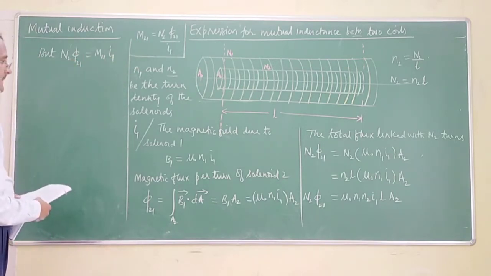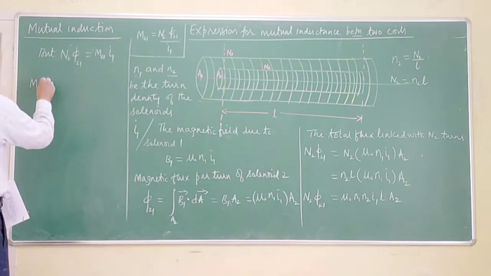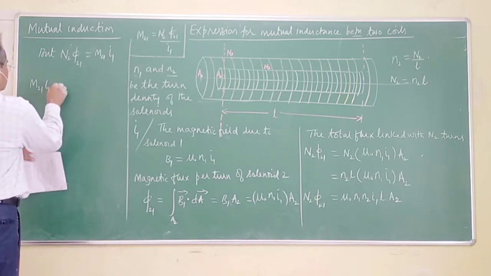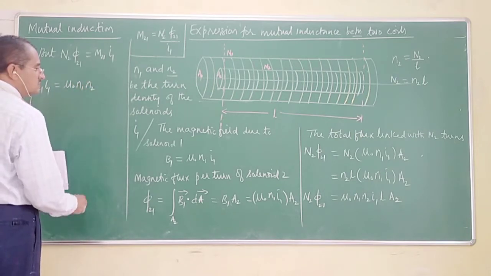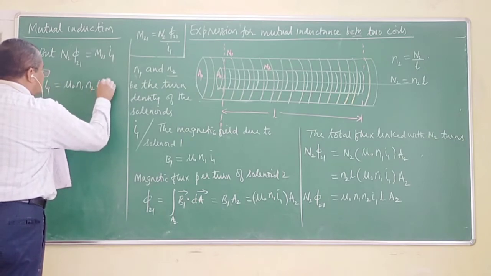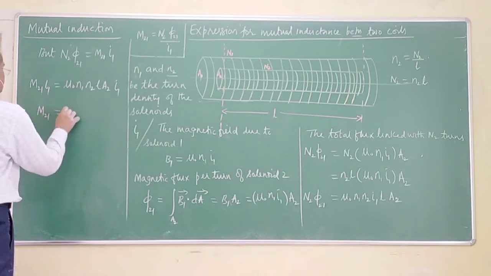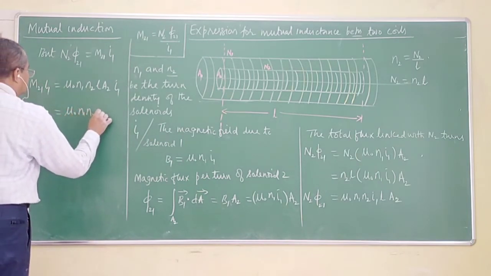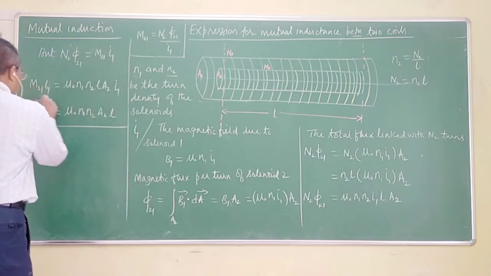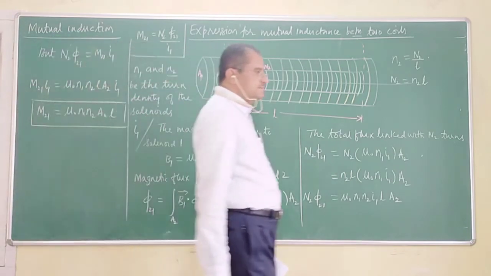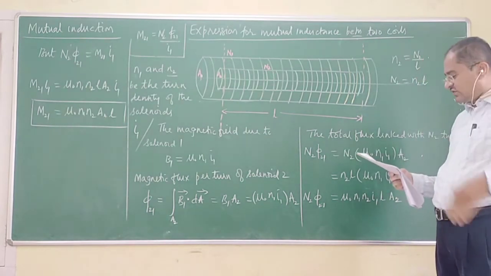So in the place of N2 phi 21, I can substitute M21 I1 is equal to mu naught n1 n2 L A2 into I1. Therefore I get M21 is mu naught n1 n2 A2 into L. That is the expression for mutual inductance of coil 2 with respect to coil 1.